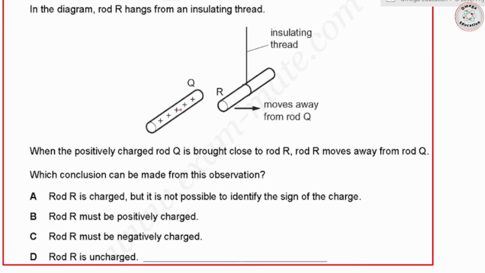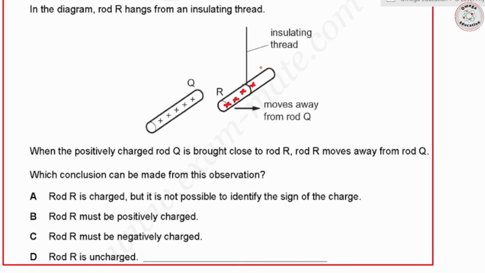When the positively charged rod Q is brought close, the rod R moves away from the rod Q. It can move away only if the charge on the rod R is the same as the charge on the rod Q. Since the charge on the rod Q is positive, then this end of the rod R, at least, must have the same charge. This is the only way the rod R would move away from the rod Q.